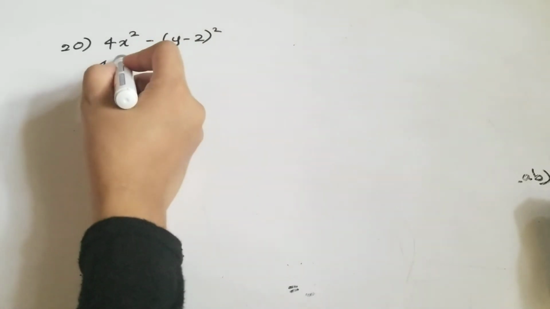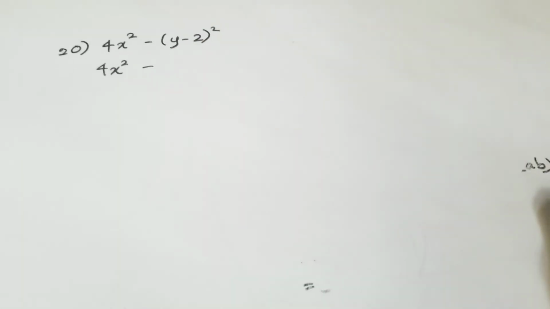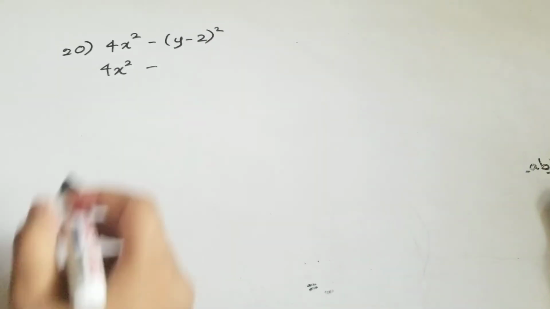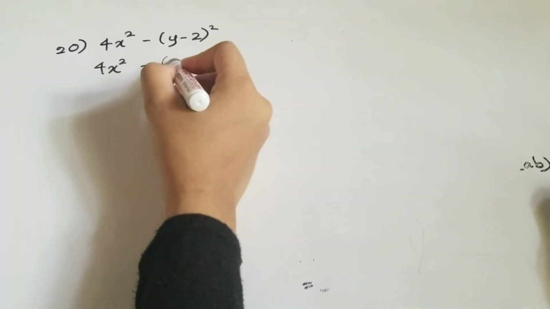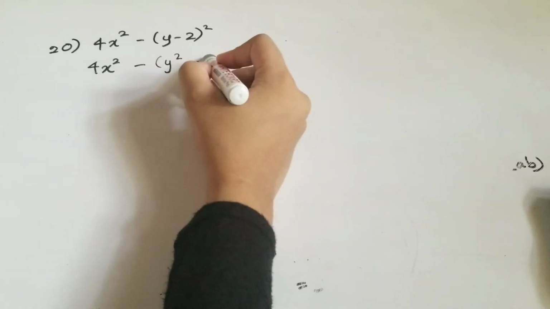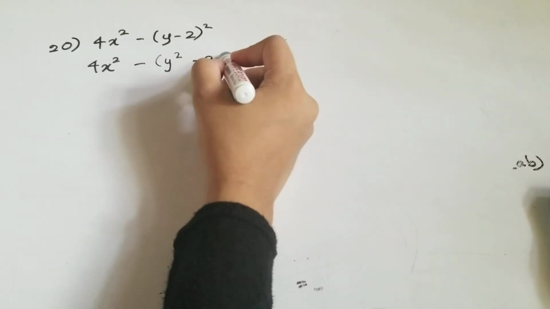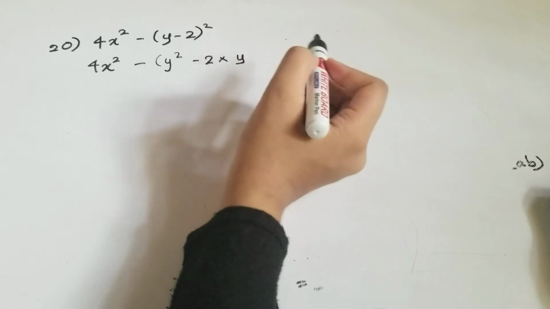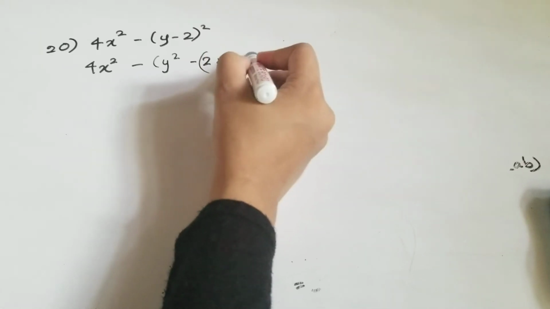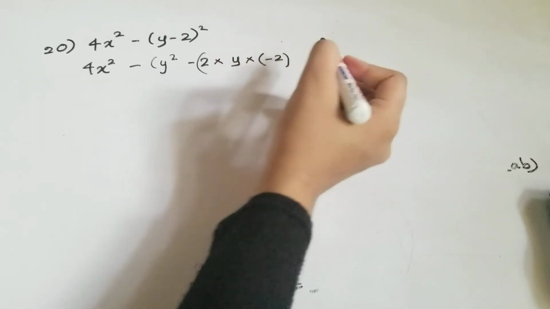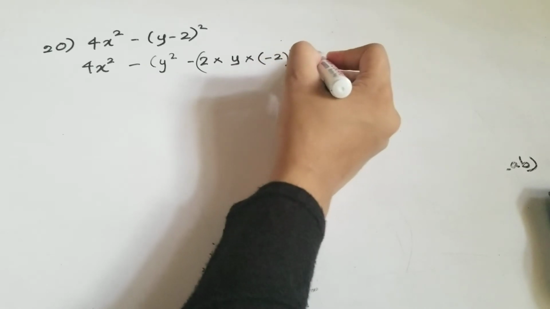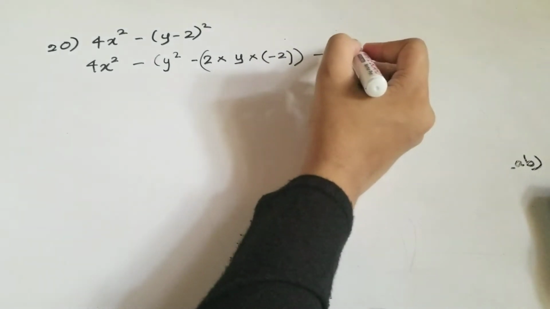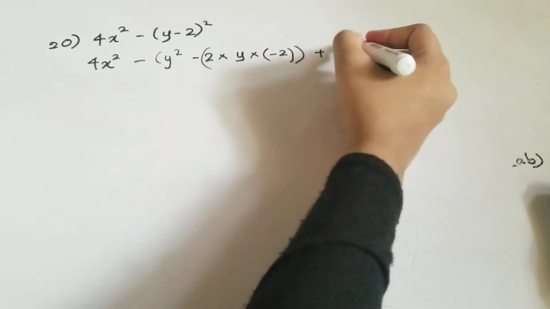So I can write 4x squared minus, now here what is it? Square of the first term minus twice the first and the second term, 2 times y into negative 2, plus square of the second term.